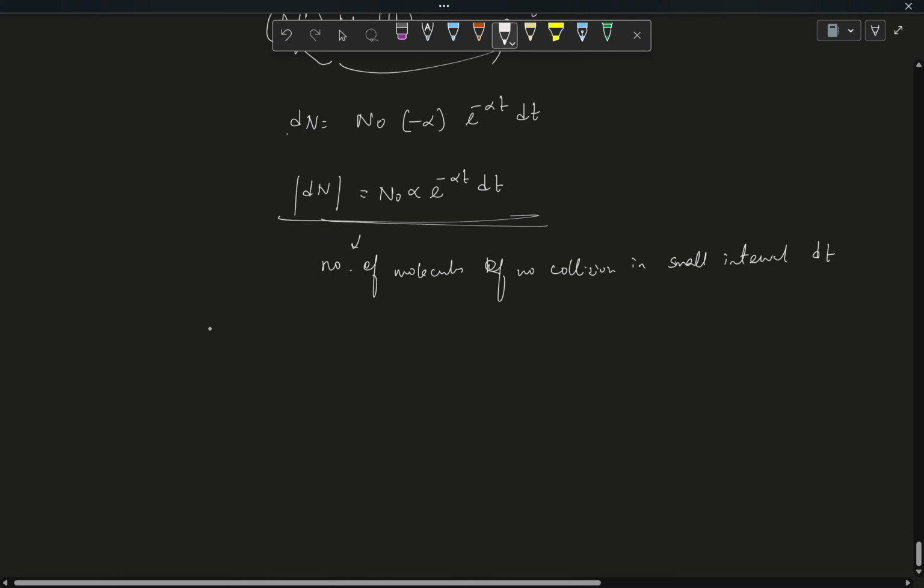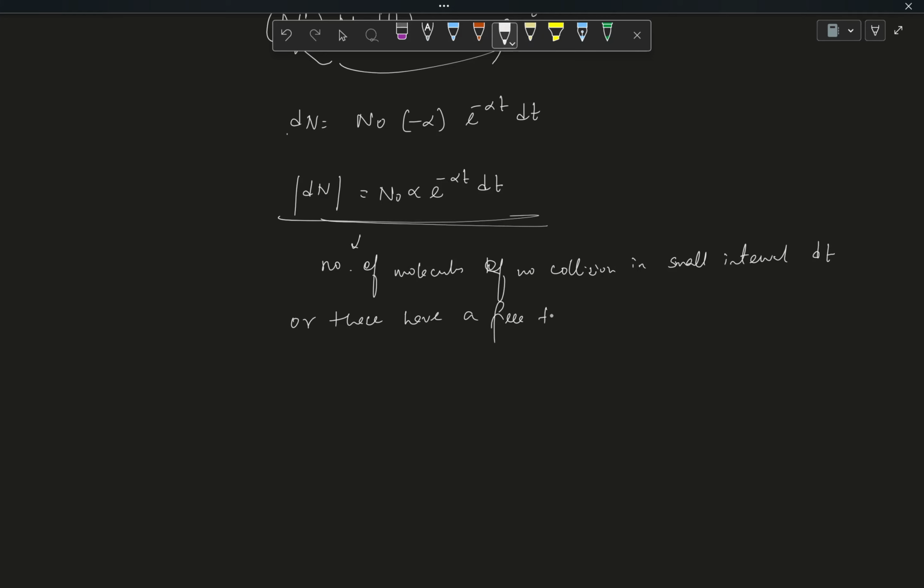Okay, so that means this much number of molecules has a free path length of dt, sorry, not free path length, I also got confused with the mean free path idea, because the ideas are similar. Here it should be free time. This much have a free time interval of dt.